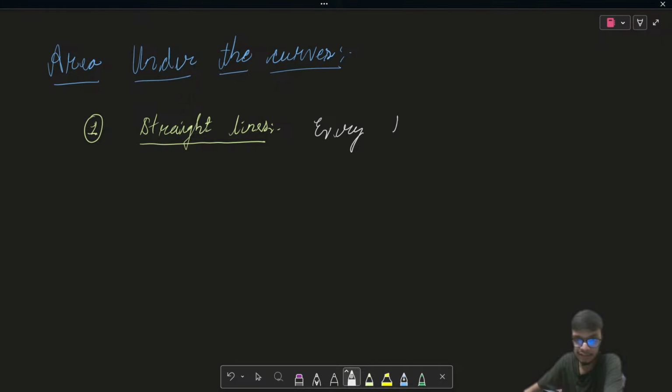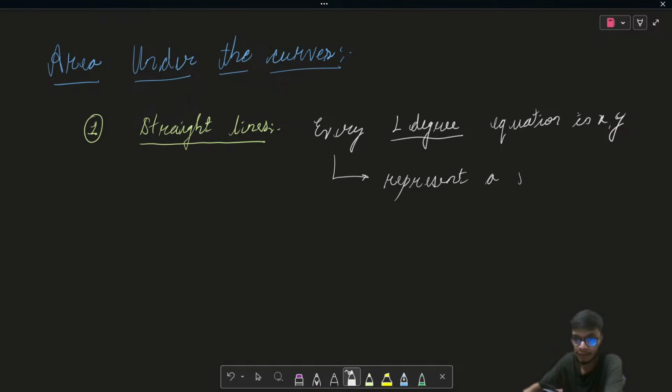Every first degree equation in x and y, whenever you have any one-degree equation in the x and y variables, represents a straight line.